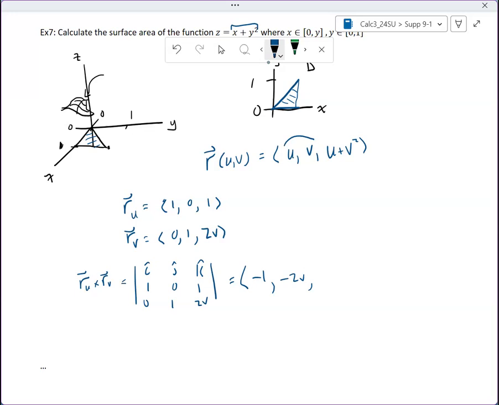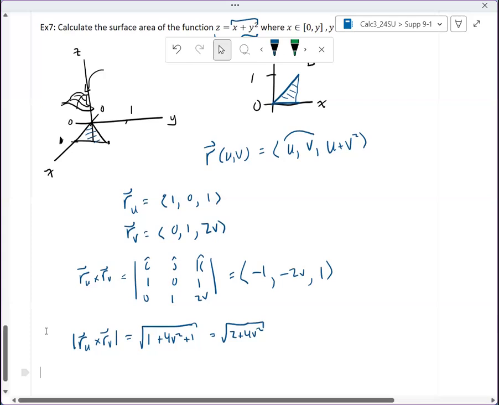And then k hat times 1 minus k hat times 0 is just 1. And then the length of that is the square root of negative 1 squared, which is 1, plus 4v squared plus 1, or that's the square root of 2 plus 4v squared.